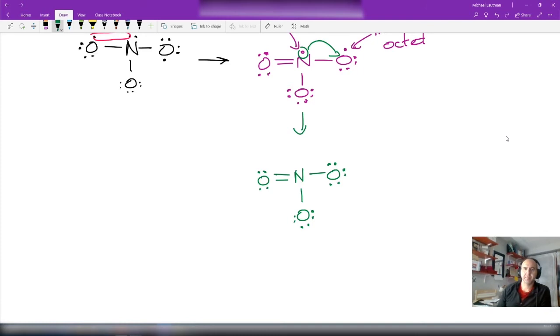This. All right. So again, all we're doing right now still is trying to evaluate this at the level of the octet rule. So now we're going to go and check the octet.